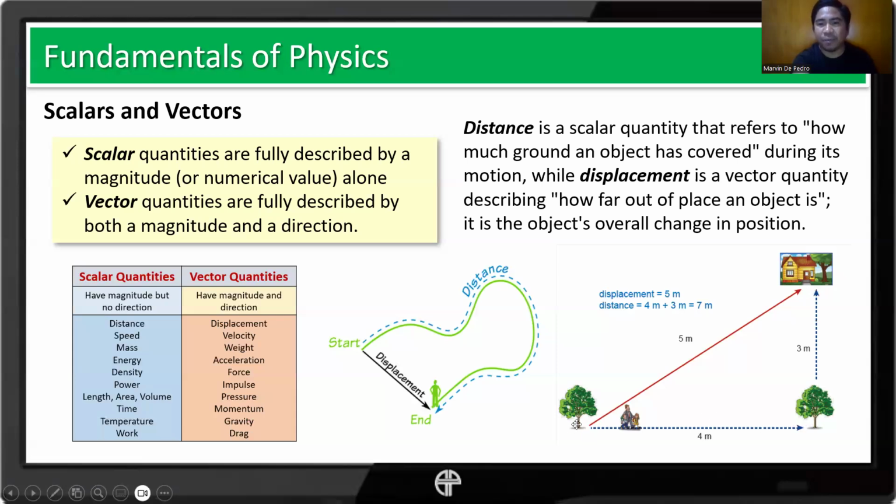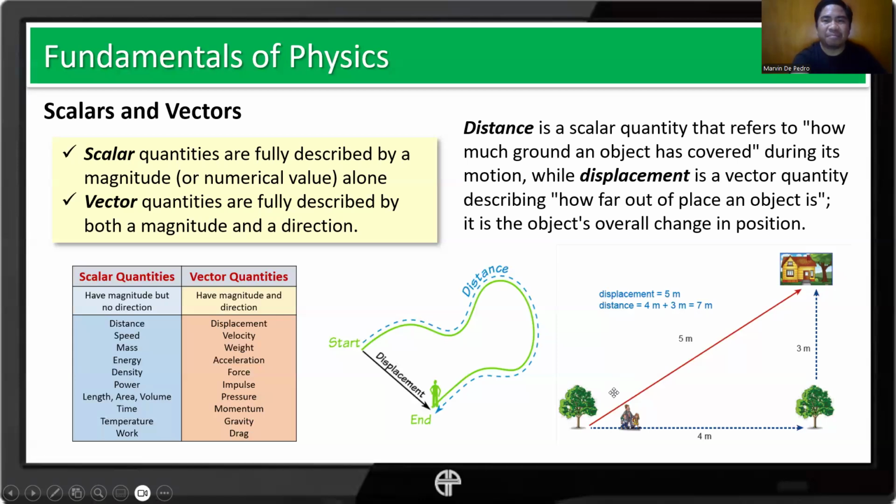You travel 4 meters to the right and then 3 meters upward. But if you can simply fly from your initial point up to your target destination, then your distance could be this short only.